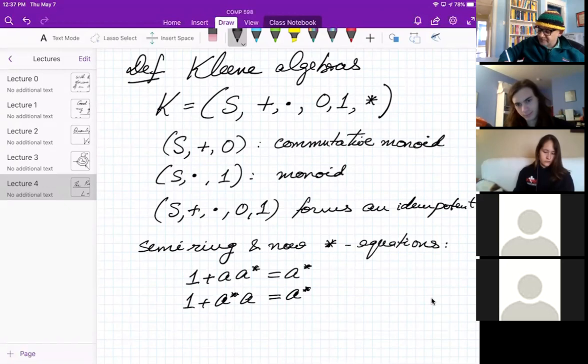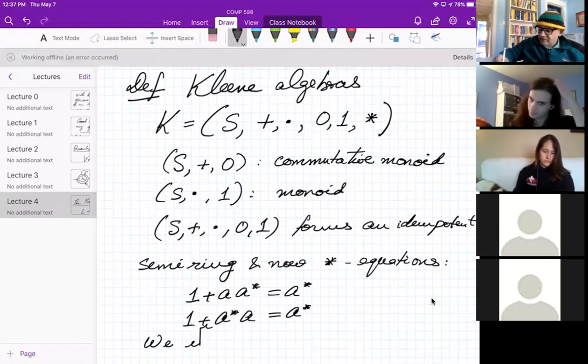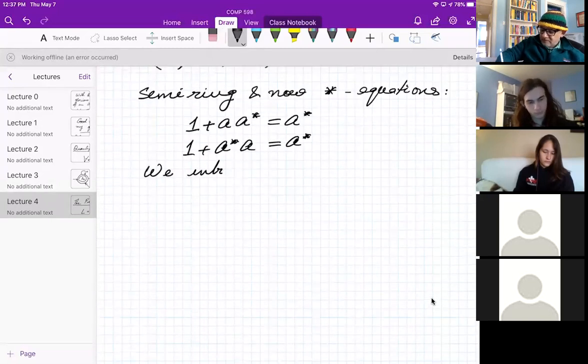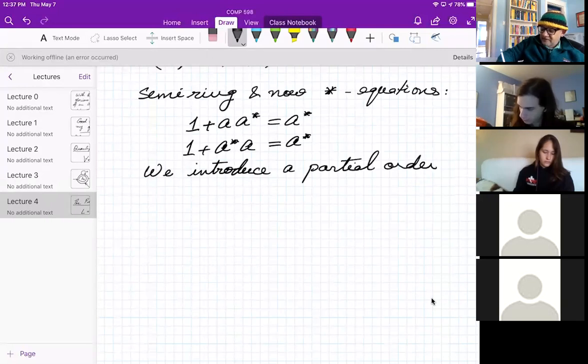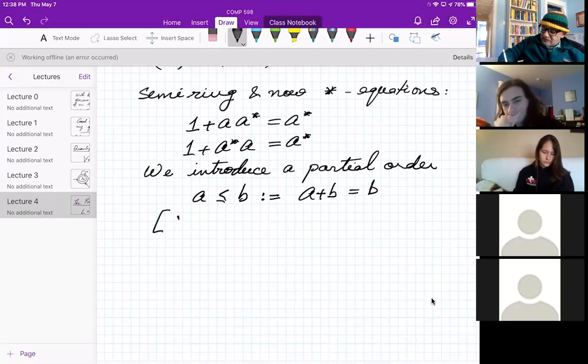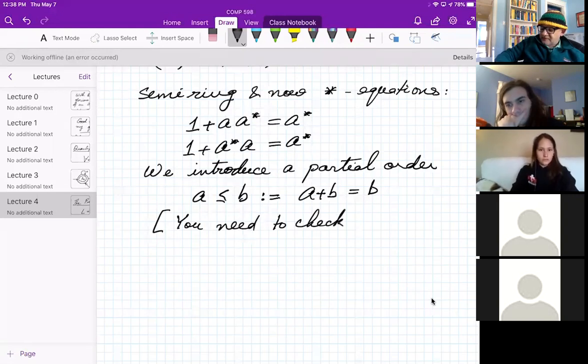And now we are going to introduce a partial order, by saying A is less than B is defined to mean that A plus B equals B. So you need to check that this is really a partial order.